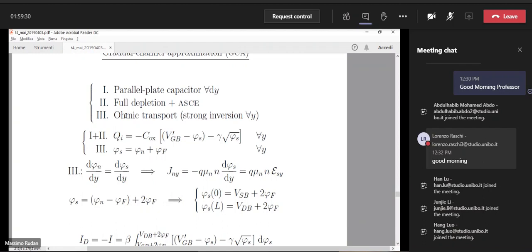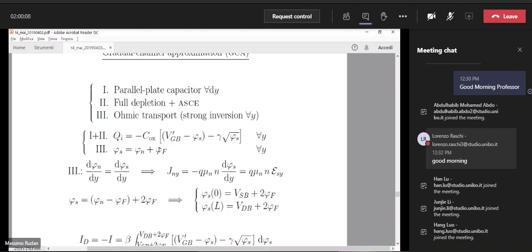However, the important consequence of the property that the transport in strong inversion is essentially ohmic is that we can demonstrate, and we shall do it, that the surface potential at each position in the channel is equal to the quasi-Fermi potential phi n plus a constant, and this constant is the Fermi potential.